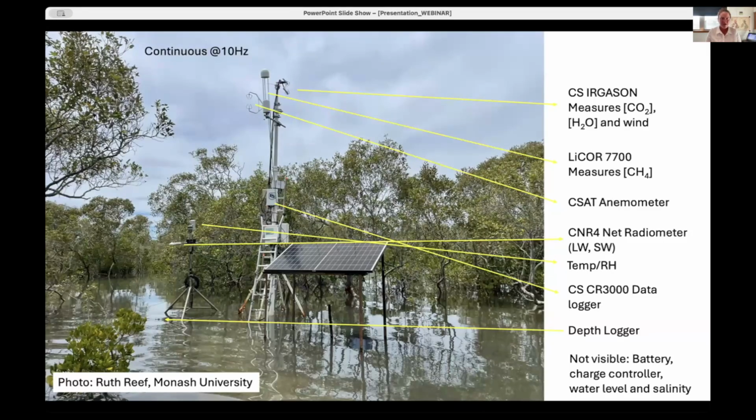I'm sure you already understand there are other lateral fluxes of material happening. The ocean comes in and out. There's interaction between the water at the surface and the water in the ground. We are only looking at the fluxes between the surface and the atmosphere.